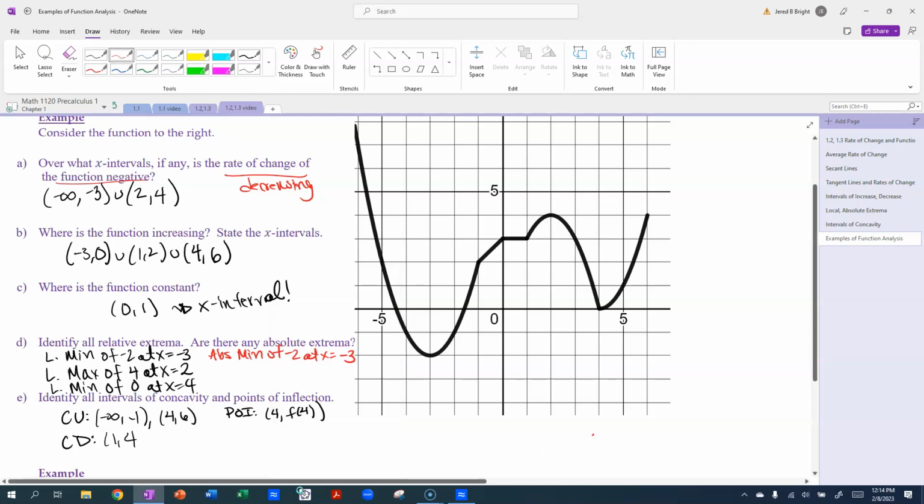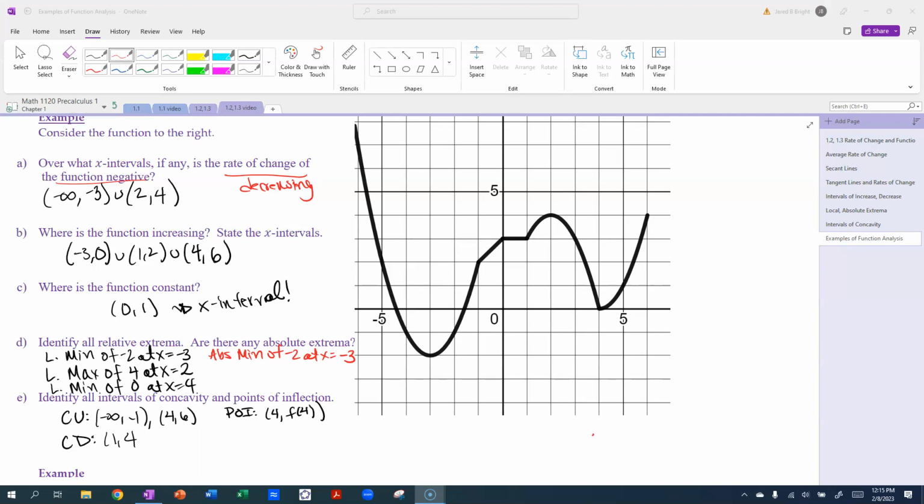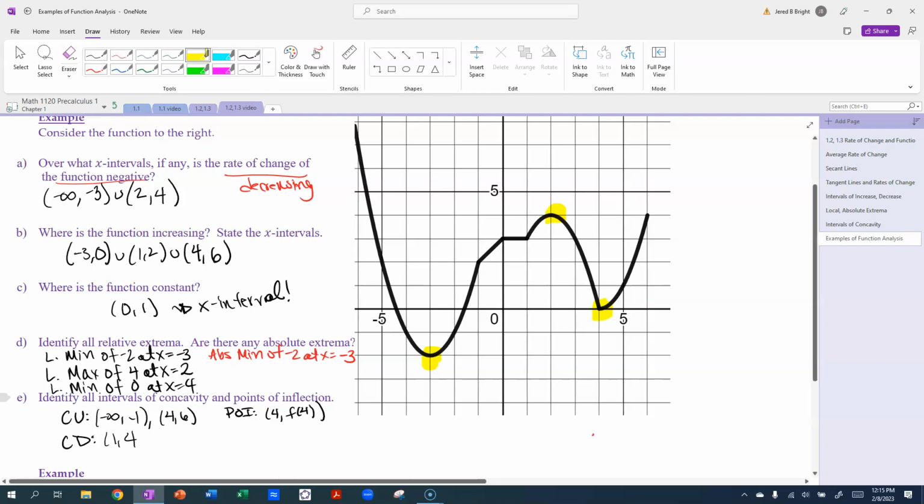Now it says identify all relative extrema. If I look pictorially, I see a valley here, a hill here, and a valley there, right? So I can talk about local mins at each of these x values. So at -3, there's a min of -2. And then at x equals 4, there's a min of 0.